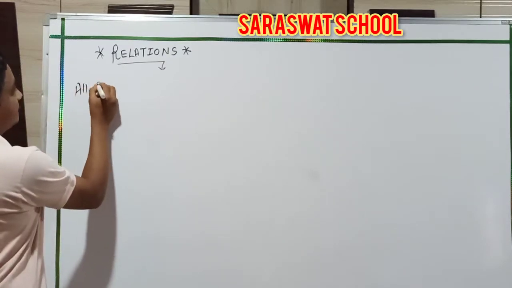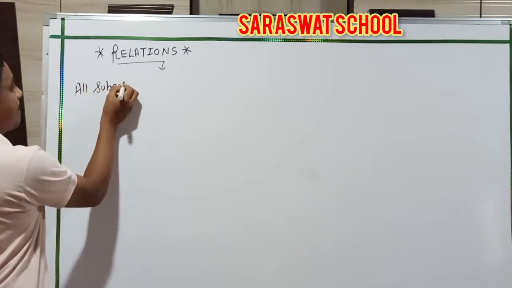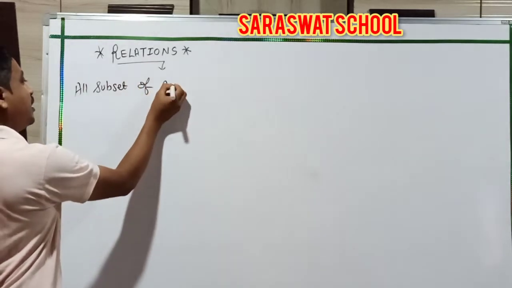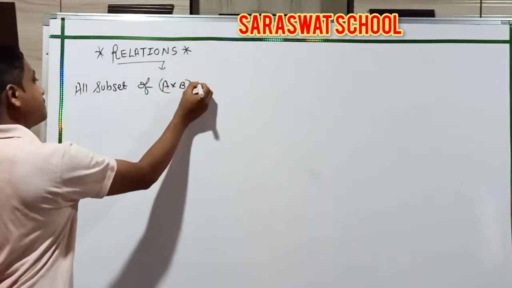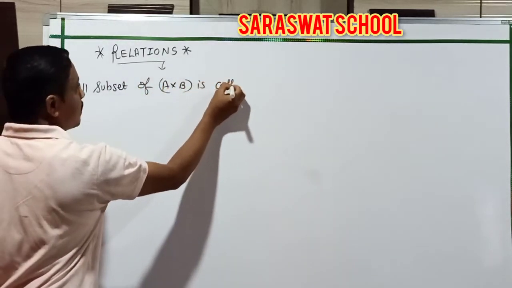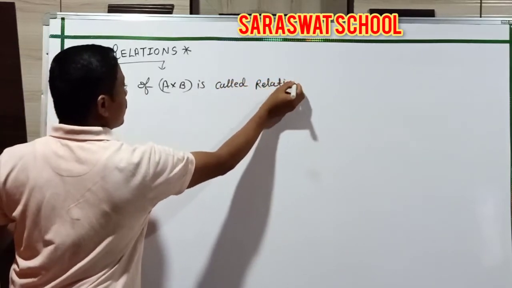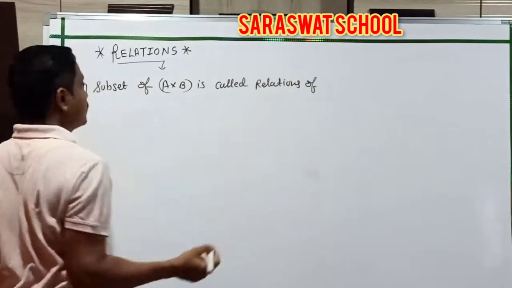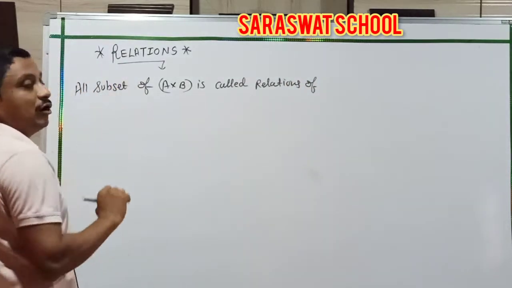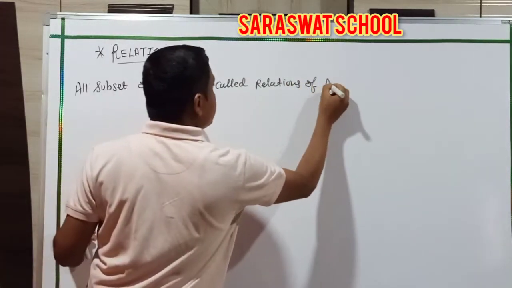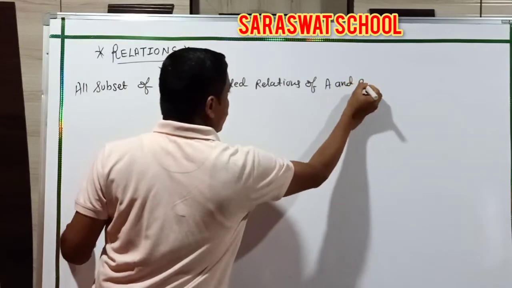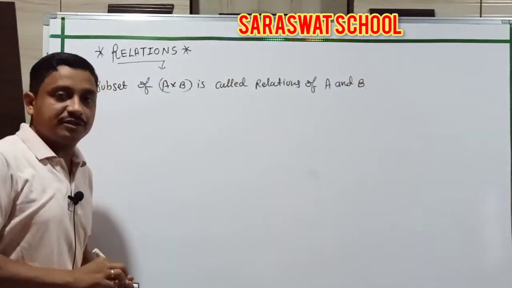Every subset of A cross B is called a relation from A to B.